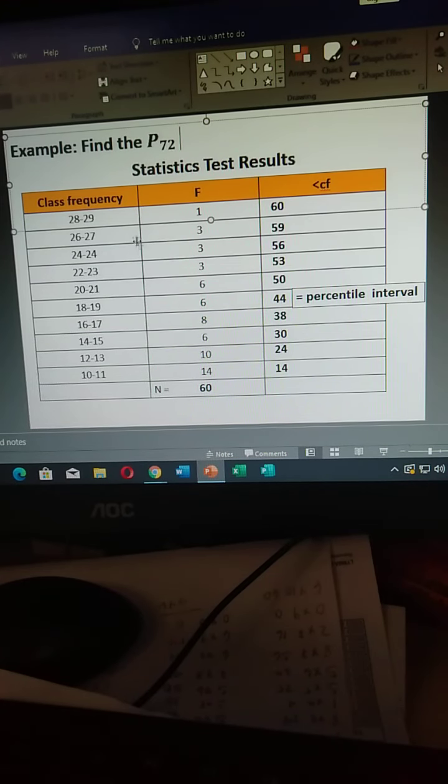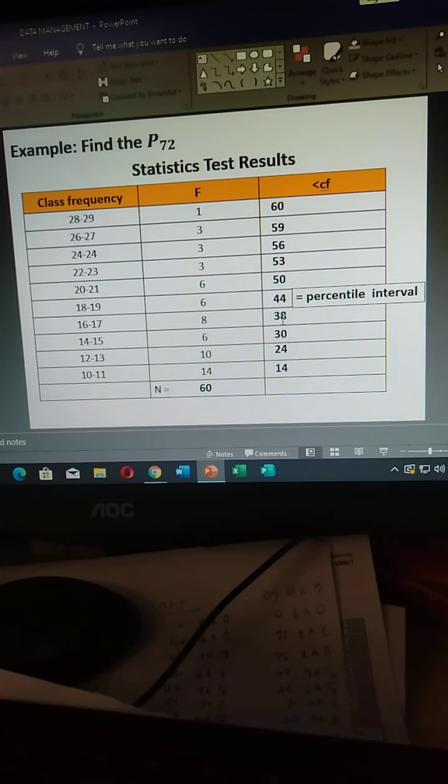And next, i-multiply mo tong nakuha mo na 0.72 sa total number of frequency, which is 60. And 0.72 times 60 is 43.2. Asan ba si 43.2? Andito siya sa 44. Dito nadaanan si 43.2, nadaanan dito siya sa 40.